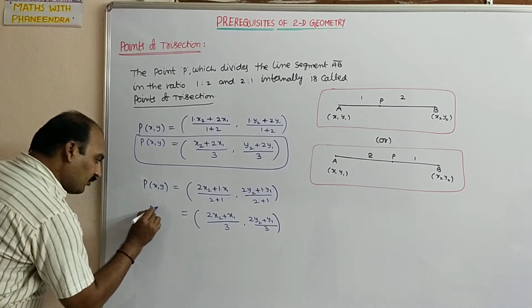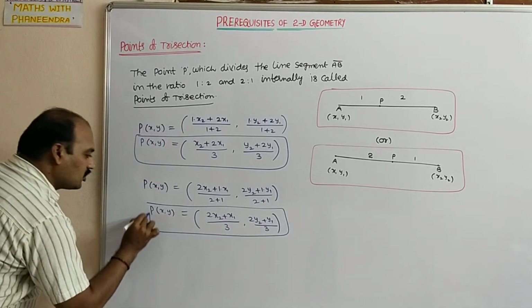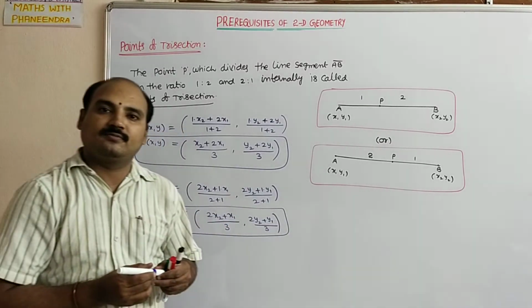So this is P of x comma y. This is also a point of trisection.